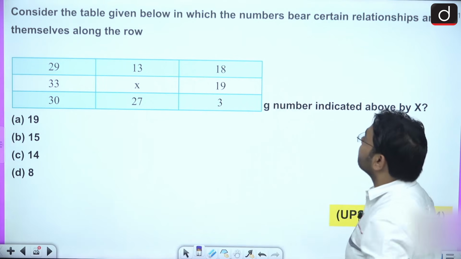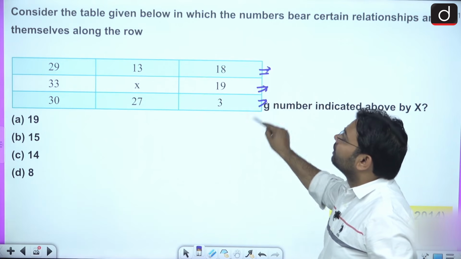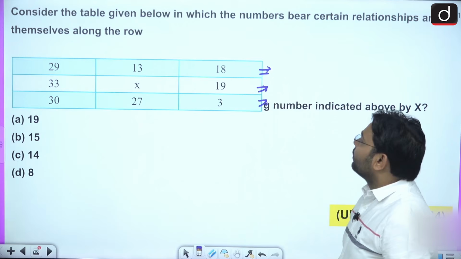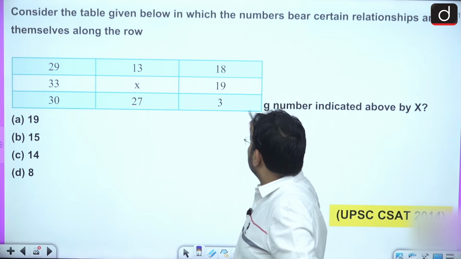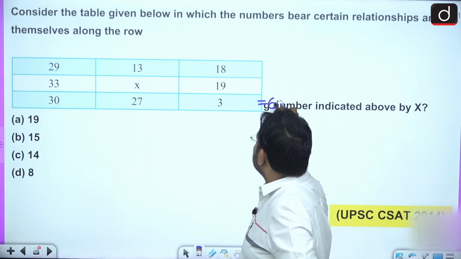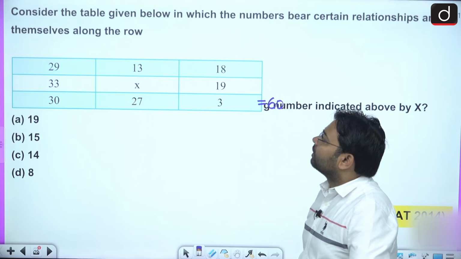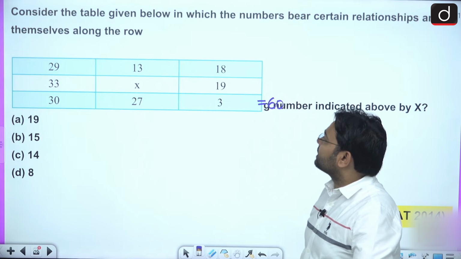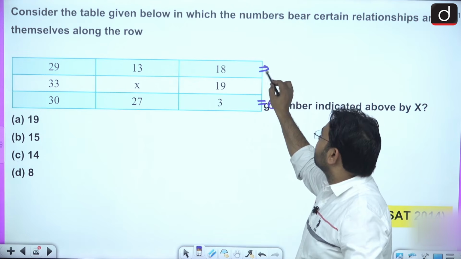We have a relation according to row. If you add these three numbers according to row, 30 plus 27 plus 3, it is 60. And in the first row, 29 plus 13 plus 18 is what? 60.